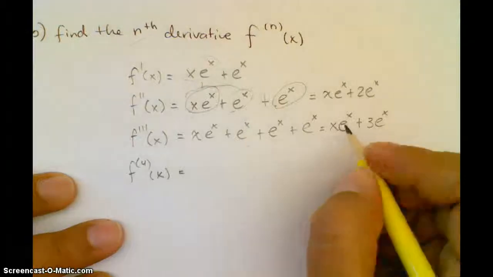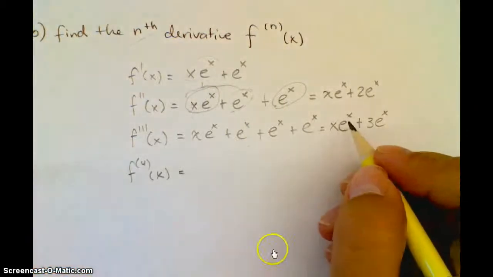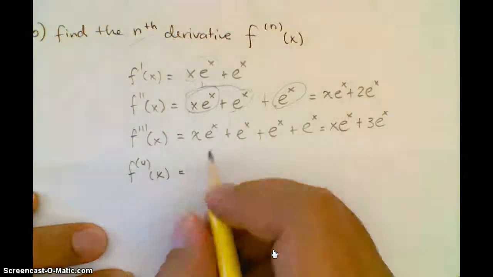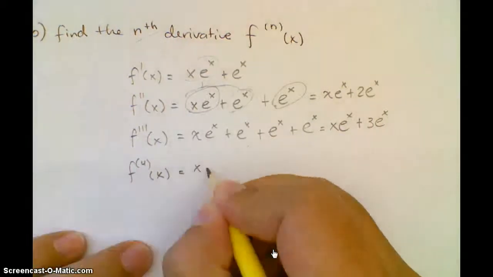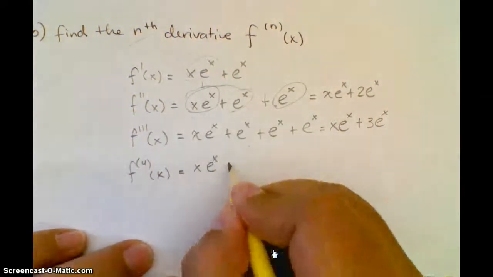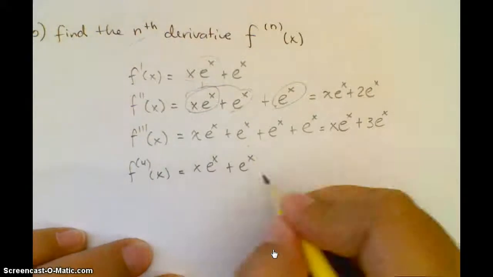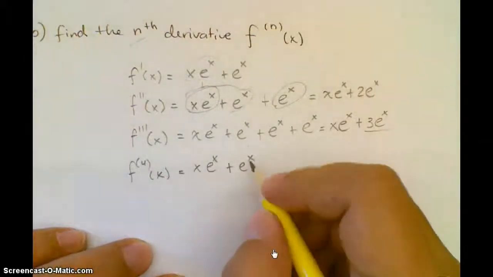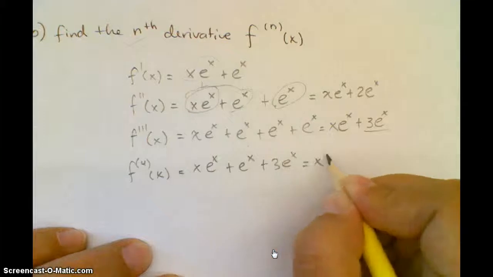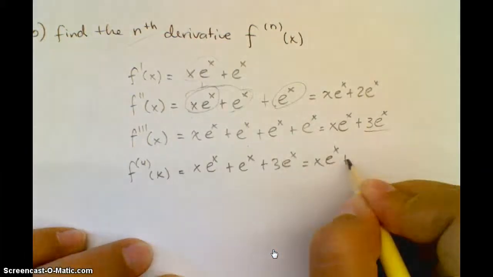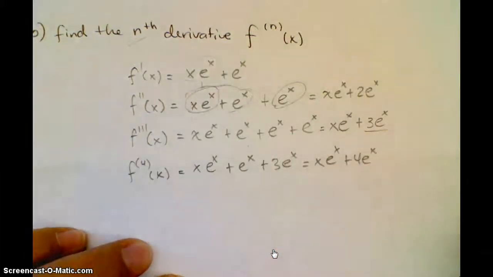Let's take the derivative here. The derivative of the first part, I know it. x e to the x plus e to the x. The derivative of 3e to the x is 3e to the x. So this just gives me x e to the x plus 4e to the x.